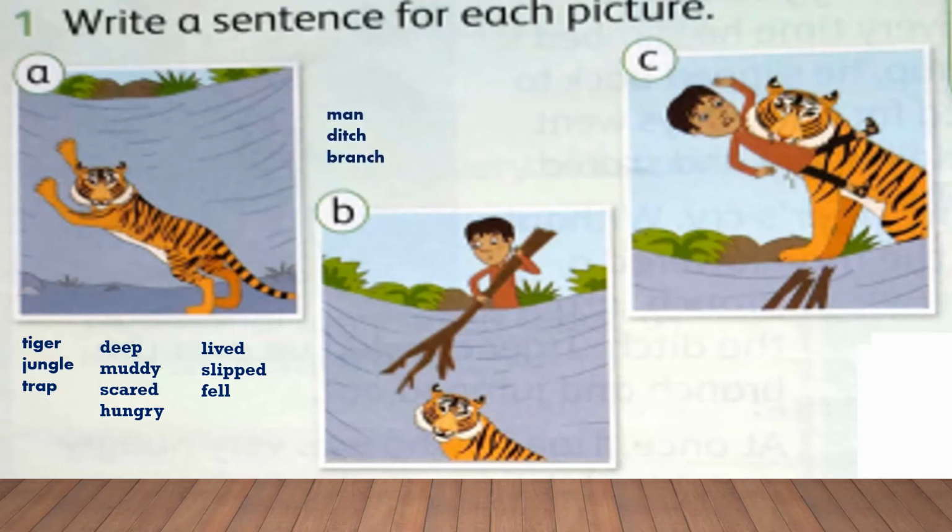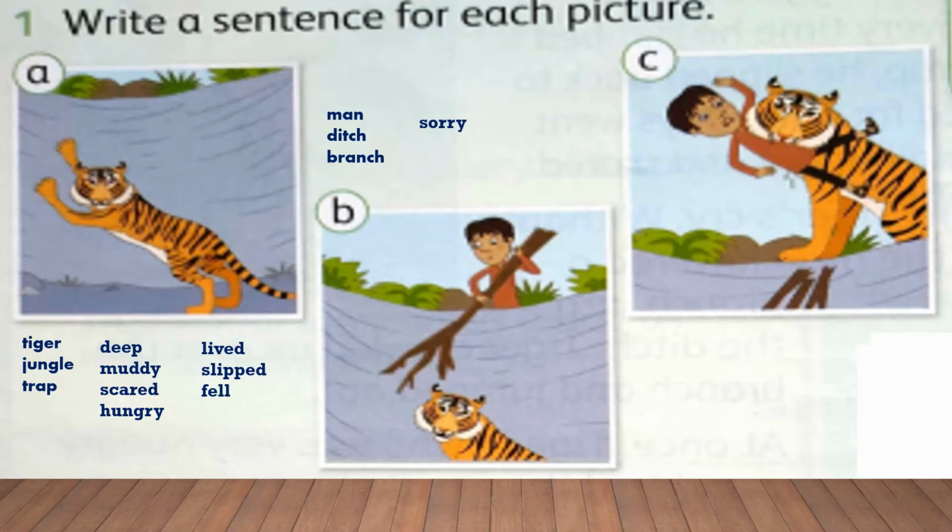Now, let's turn to picture B. What can you see? You can see a man with a branch and the tiger in a ditch. So, we'll need man, ditch, and branch. Sorry. A describing word.